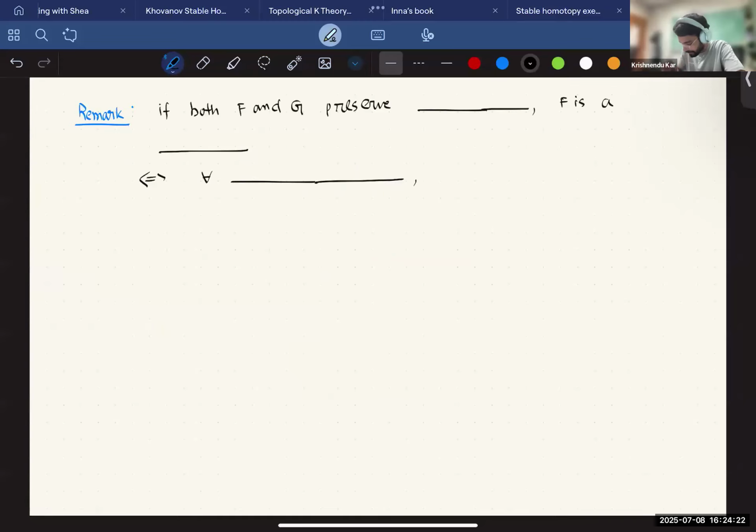Let's end this with a remark, and then I will take questions. If both F and G, so the left Quillen functor and its right adjoint, the right Quillen functor, preserve weak equivalences, then F is a Quillen equivalence if and only if for all bifibrant objects A belongs to M and X belongs to N, we have the following weak equivalences.